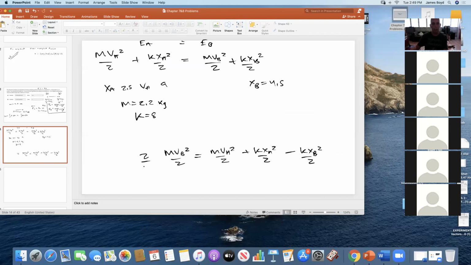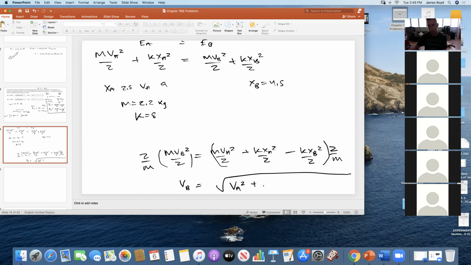If I multiply both sides by 2 over m, and then I take the square root, I get that vb is the square root of va squared, plus k over m times xa squared minus xb squared. And so I could put in va was 9, so 9 squared plus k was 8, because I know the force is minus kx, and we were told that was minus 8x.